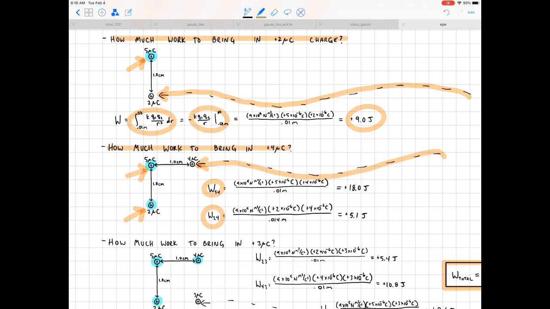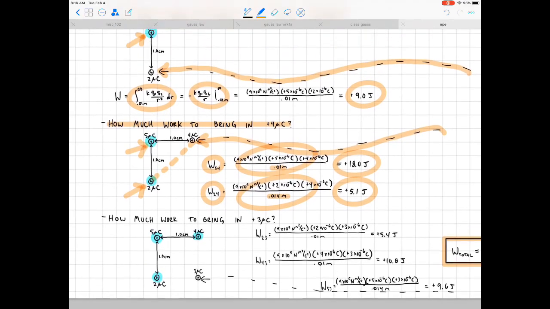And so again, I do the exact same calculation for each. Notice that R is different, and that's because the 2 microcoulomb charge is on the diagonal, right? And so I do that calculation, and I get 18 joules, and I get 5.1 joules.